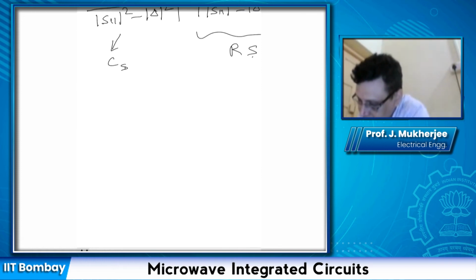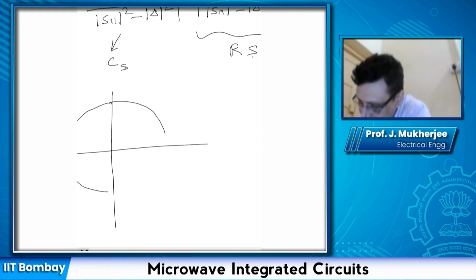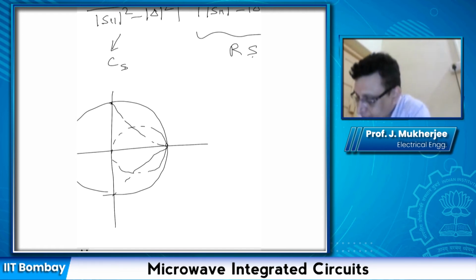Suppose you draw the unit circle, and suppose your input stability circle is something like this, and say S22 magnitude is lesser than 1.